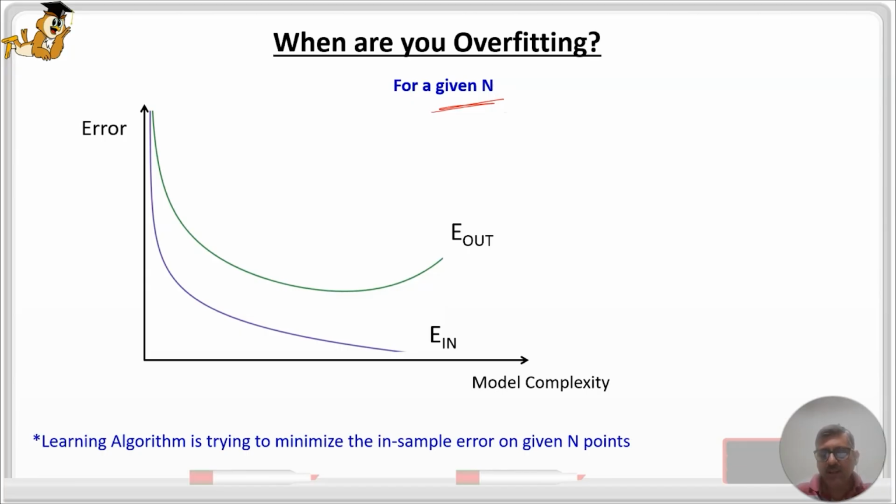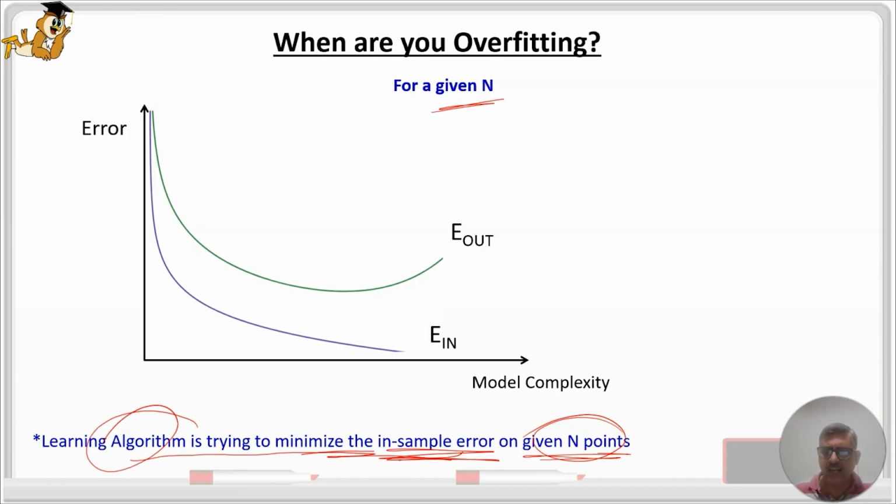Now, one assumption in all of this that we need to reiterate is that we are assuming that the learning algorithm is trying to minimize the in-sample error on given endpoints. Very important. This is what we always believed to be the case. But let's reiterate that assumption once again. We are assuming that the learning algorithm is trying to minimize the in-sample error on given endpoints with no regard for what is happening out of sample.